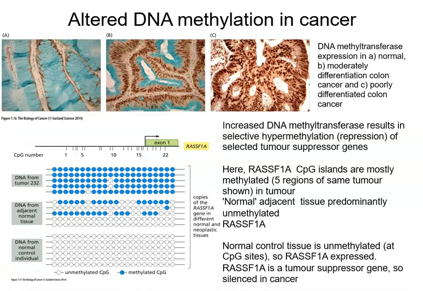Now this patterning can go wrong in disease, and one of the main diseases where it consistently goes wrong is in cancer. So this diagram at the top is some normal colon, and blue is just the stain for the colonic epithelial cells.